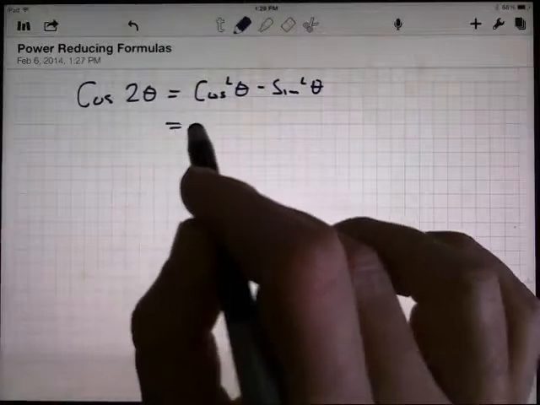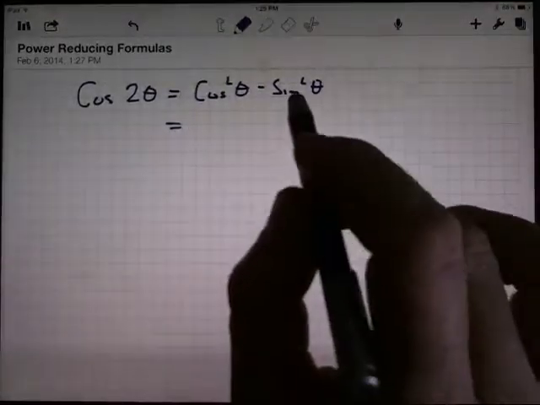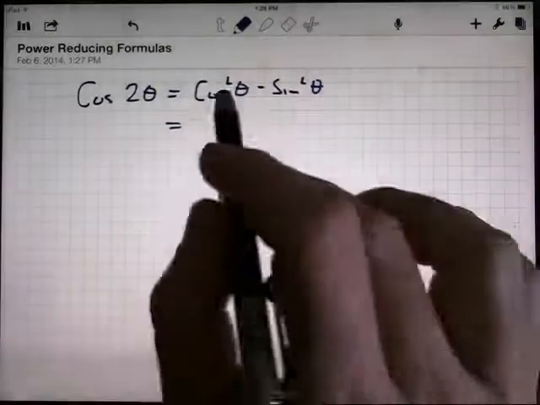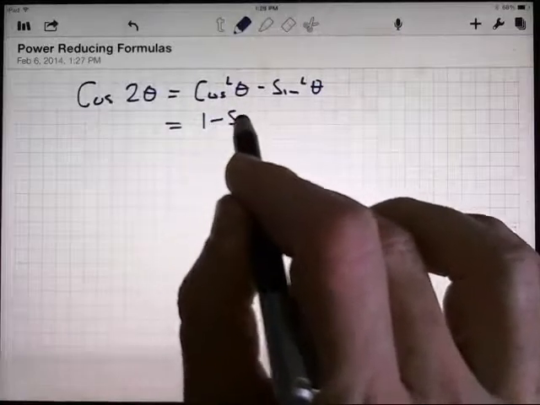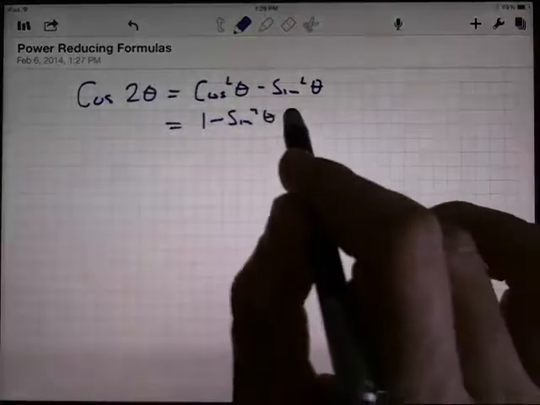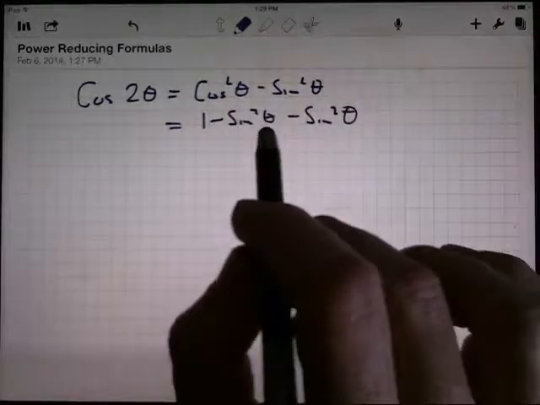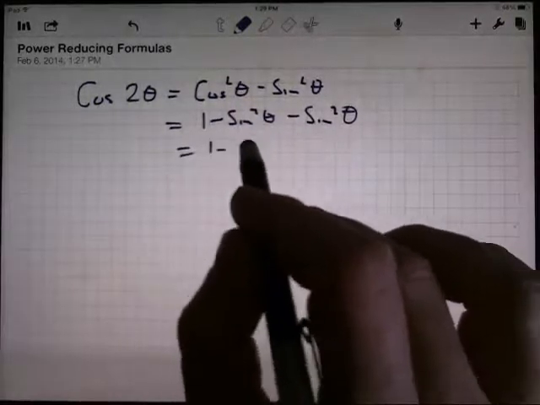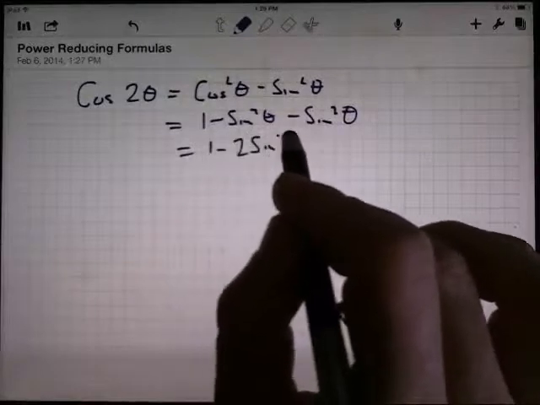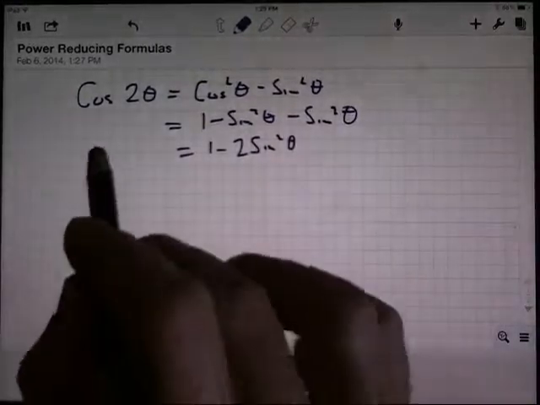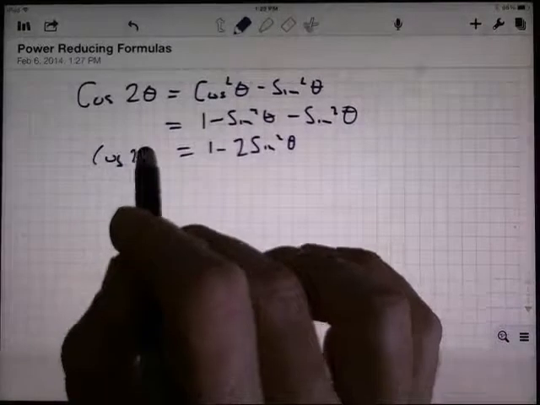I can then change it to the strawberry flavor. I'm going to take the cosine squared theta and write it as 1 minus sine squared theta, minus sine squared theta. There we go. And so those get together, and I've got 1 minus 2 sine squared theta. Okay. So the cosine of 2 theta is equal to this.